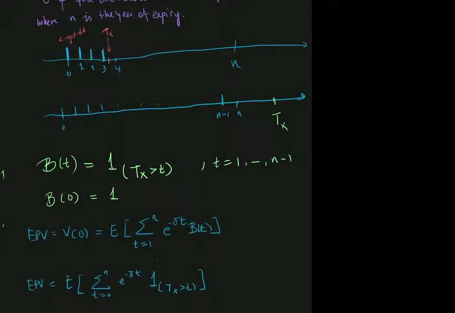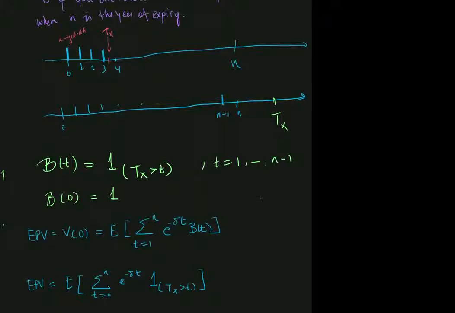The reason why there's 0 here is because normally when we look at expected present values at time 0, what we are really interested in is the expected present value of all future payments, including the present payment.